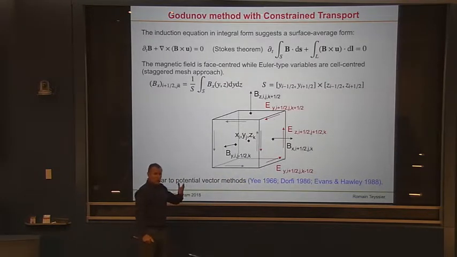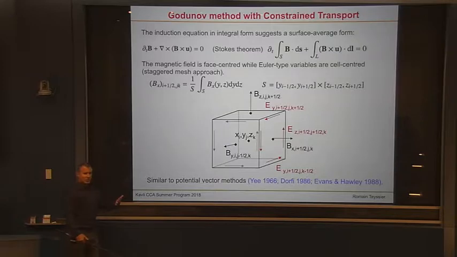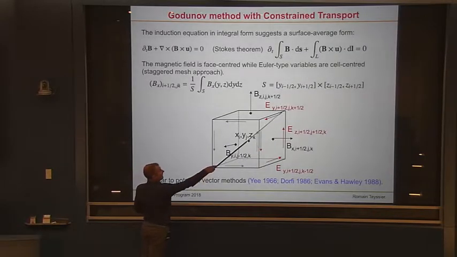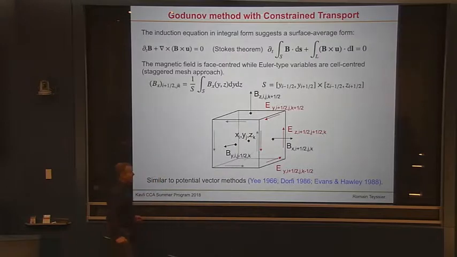So now you have a completely new discretization, completely different from the original Godunov scheme, which is based on the surface average for the field and on the line average for the electromotive force, or the electric field. You see that your hydro variables, density, momentum, total energy, are still defined in the volume. Now that's a complication, because you have what we call a staggered mesh.